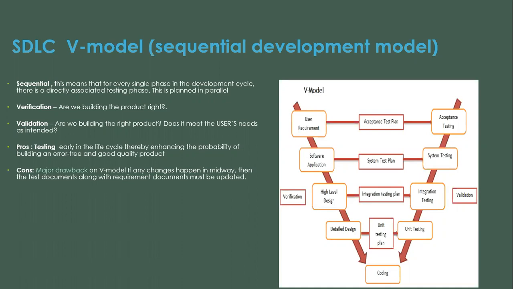But there is a major drawback: once any issue happens at a phase, we have to go back and change every document and all the artifacts that we have here. So it's a major drawback.